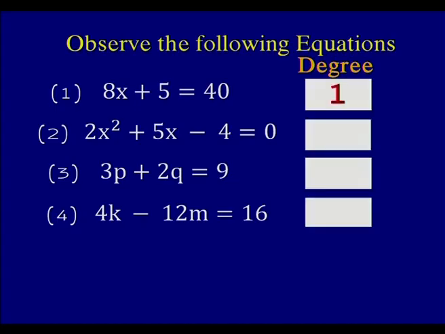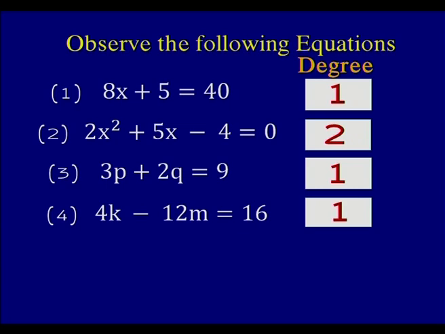First one is a first degree equation and the second one is a second degree equation. The third is also a first degree equation. Here there are two variables, but the highest power of the variable is 1 only, because p power 1 or q power 1. That is why the degree is 1 only. The fourth equation also has degree 1.